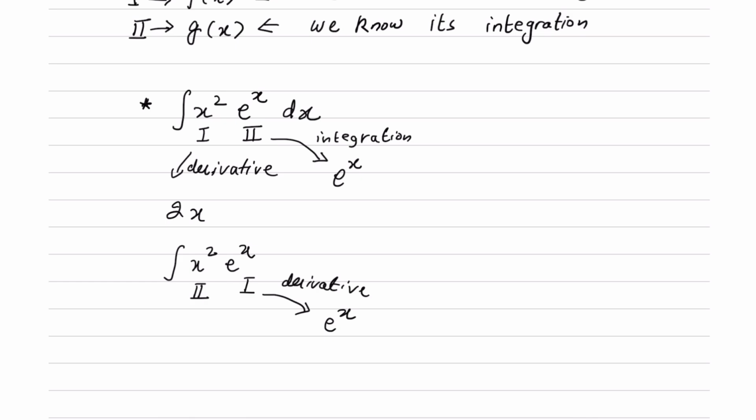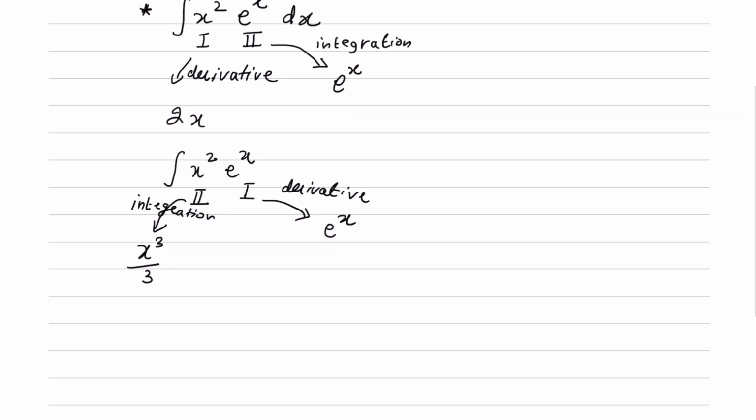And we are going to call x square the second function, but before that we have to check if we know its integration. Yes, we know the integration of x square, which is x cubed by 3. So in this type of question, it is really no problem which function we call the first function and which the second function, because for both functions we know the derivatives and we know the integration.